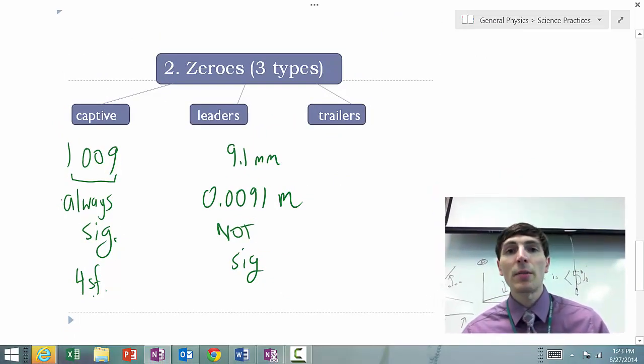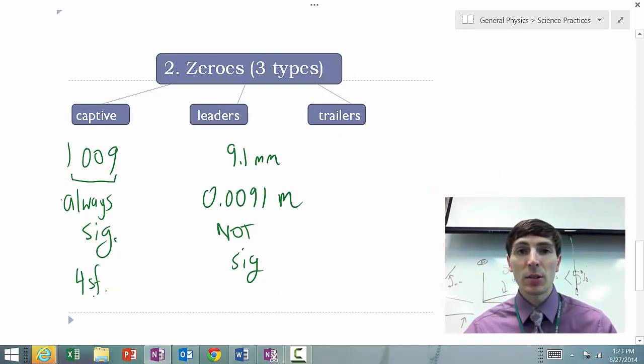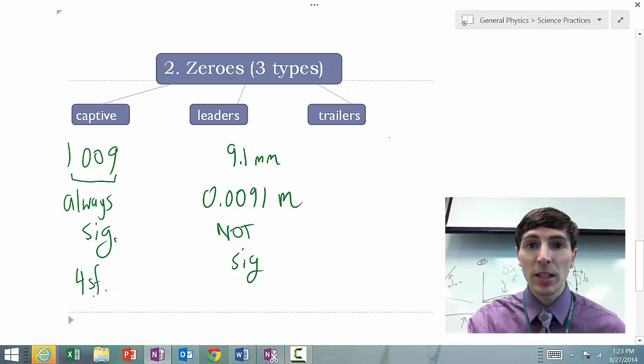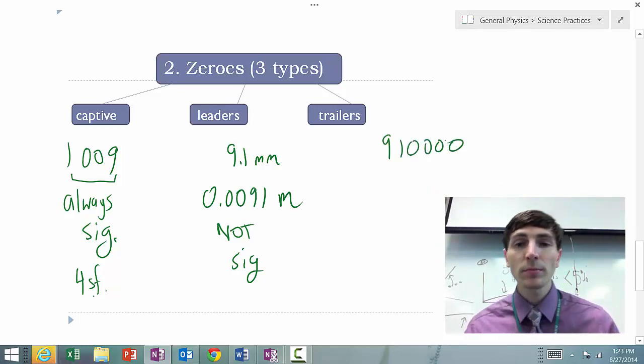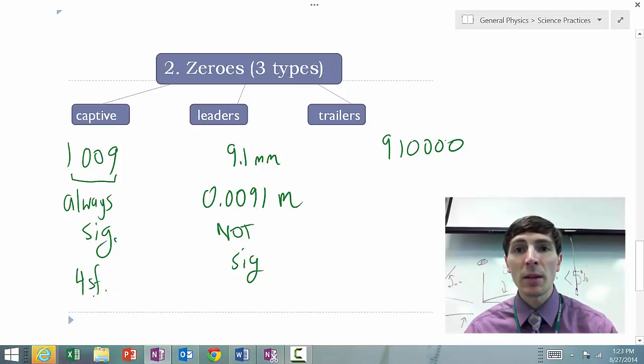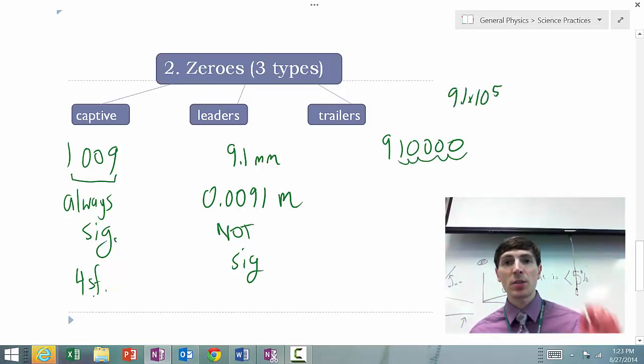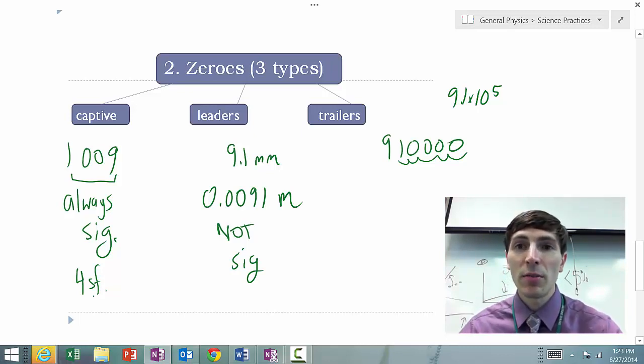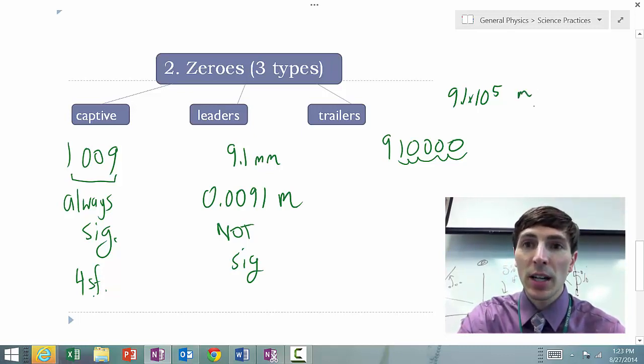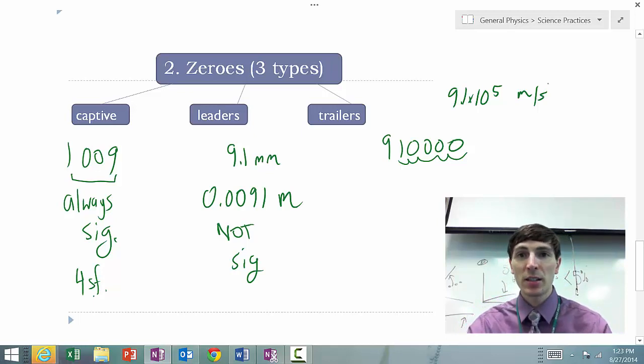The last one we have is called trailing zeros. And so trailing zeros might be something that looks like this. So I go and make a measurement. Let's say I had 9.1 times 10 to the 5th. So let's say I have some instrument, it measures 9.1 times 10 to the 5th. Let's say that's meters per second, something moving really, really fast, close to the speed of light.